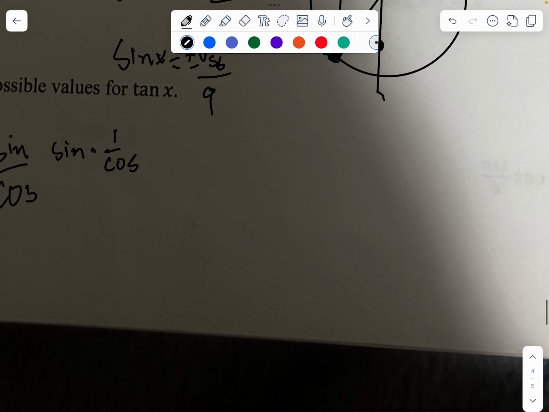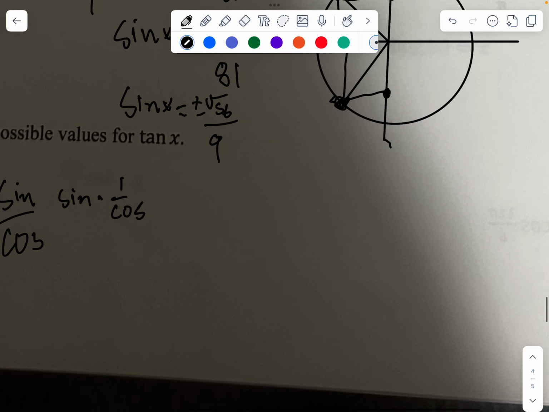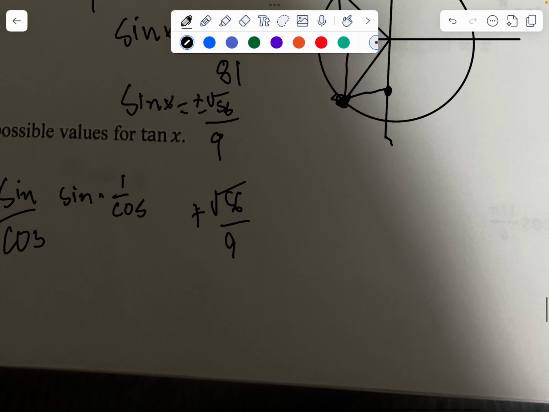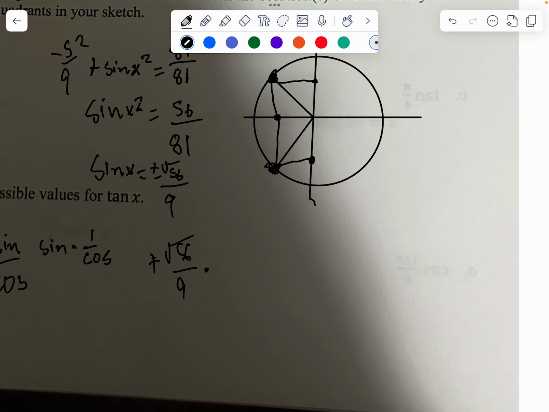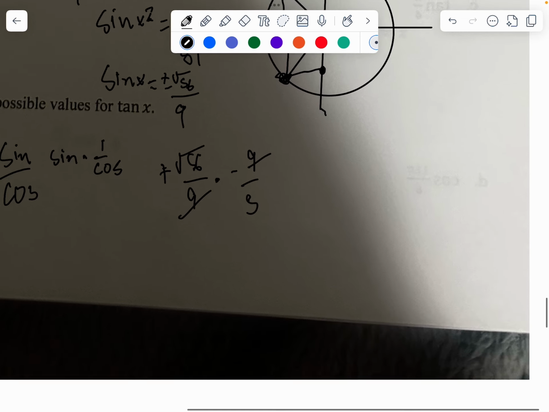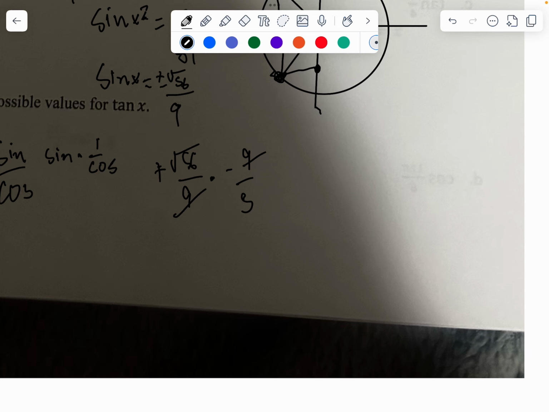So we'll do the positive square root of 56 over 9 times negative 9 over 5. The 9s cancel. So our tangent is going to be square root 56 over 5, and the negative overtakes the positive.